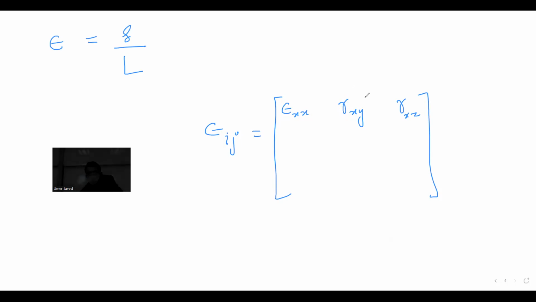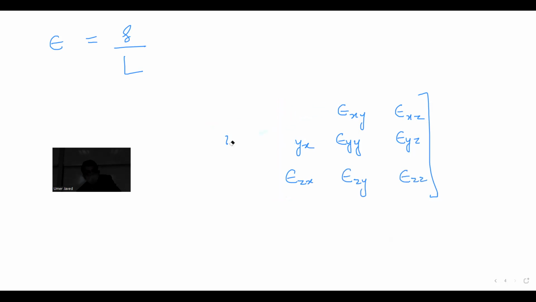Anyways, it's too early to get into that. Epsilon YX, epsilon YY, epsilon YZ, epsilon ZX, epsilon ZY, epsilon ZZ. So your strain is also a tensor.